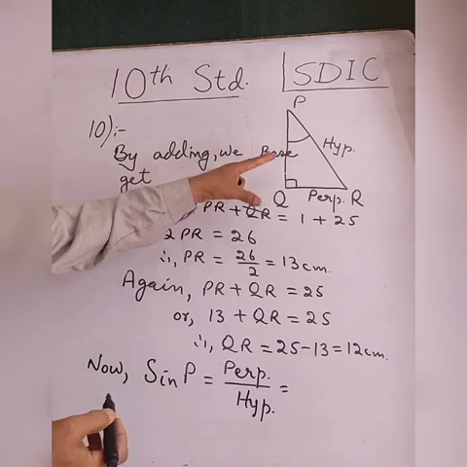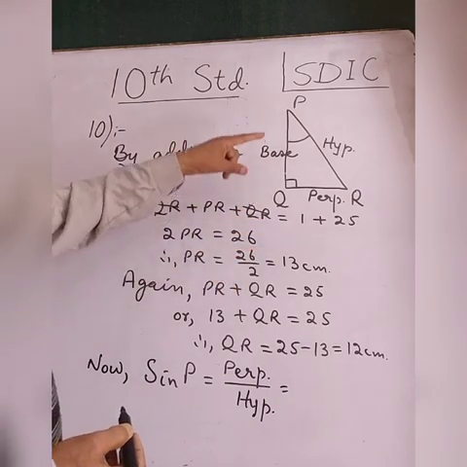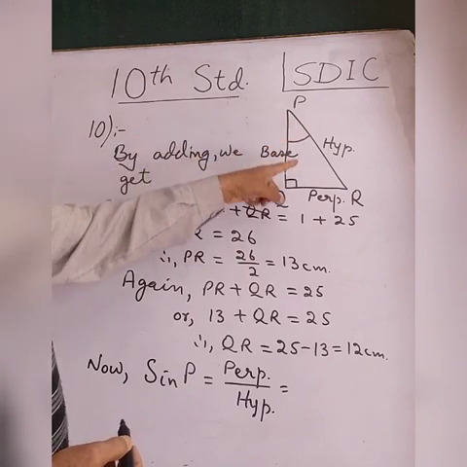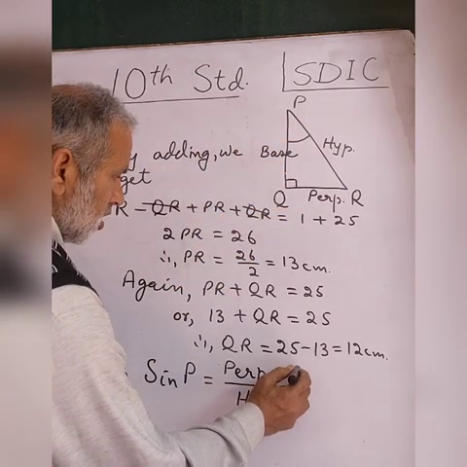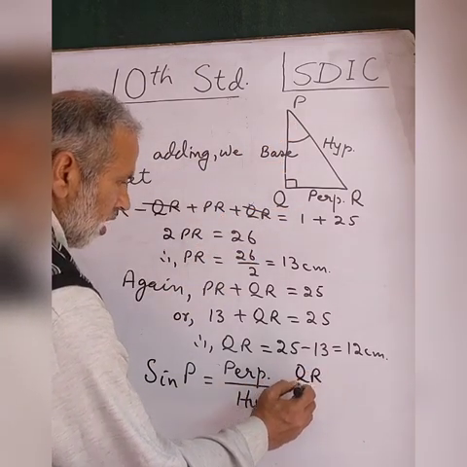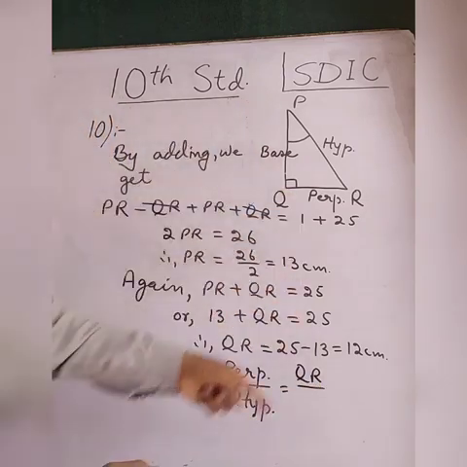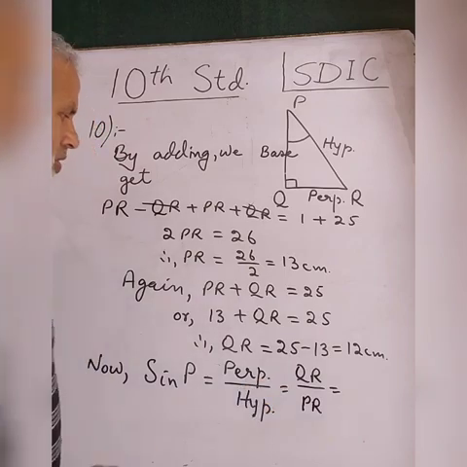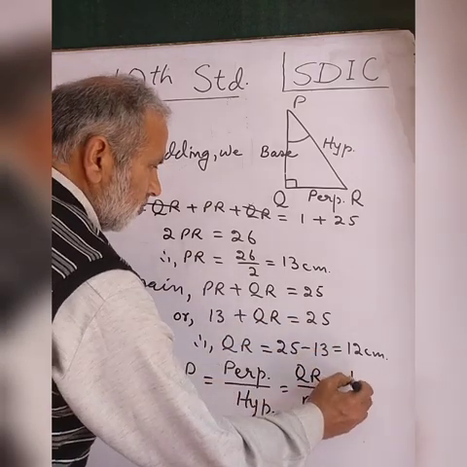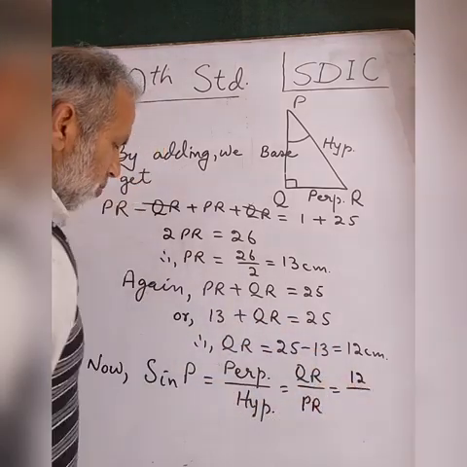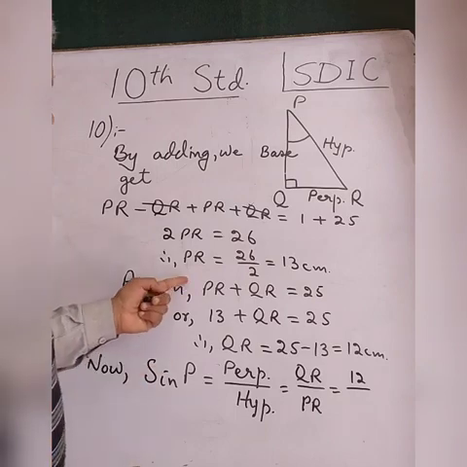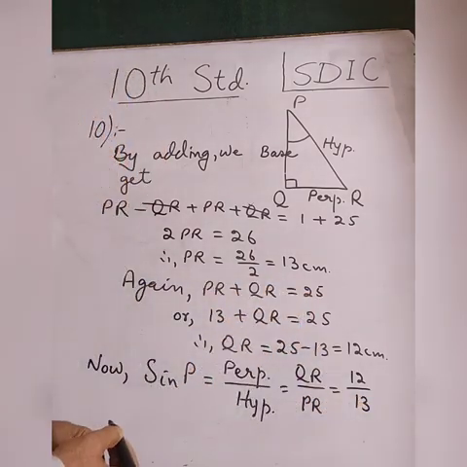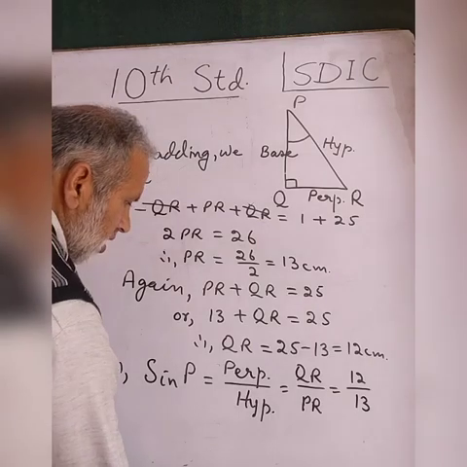You have already identified perpendicular and hypotenuse with respect to the acute angle P. With respect to acute angle P, QR is the perpendicular, divided by hypotenuse. PR is the hypotenuse. Use their values. QR is 12, divided by PR is 13. Therefore, sine P becomes 12 by 13.